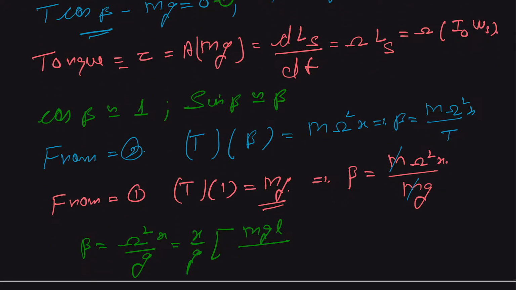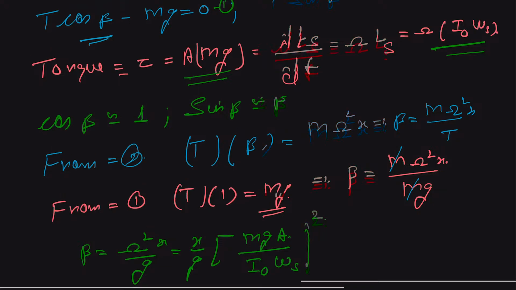This is our mga. We have this as mga divided by this and this. We get this as I naught divided by omega s whole square.